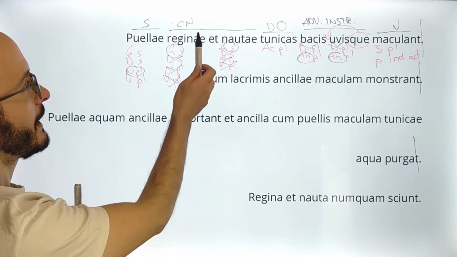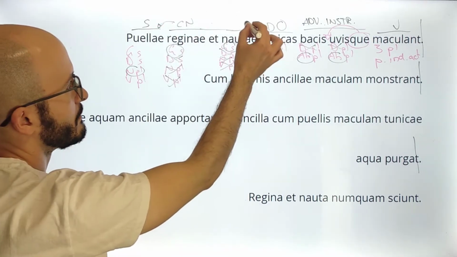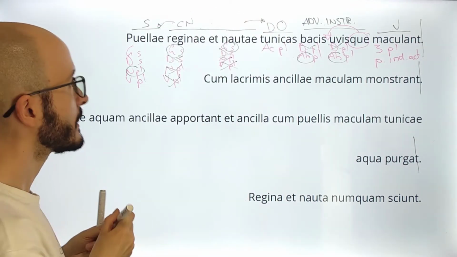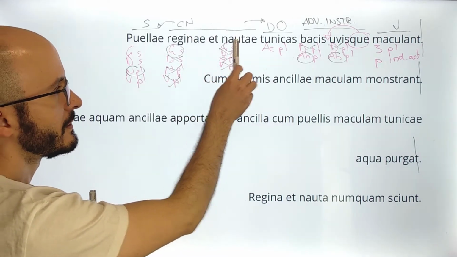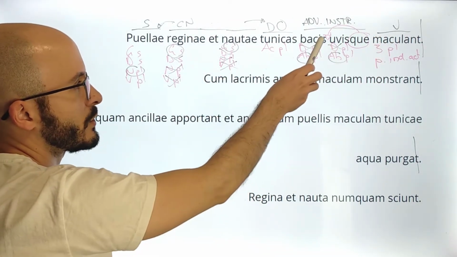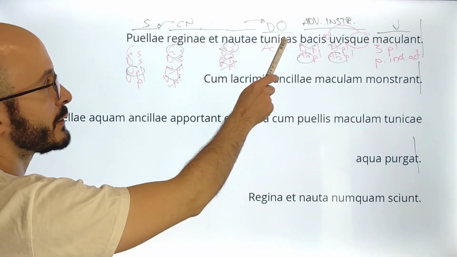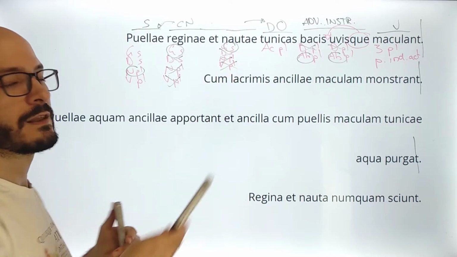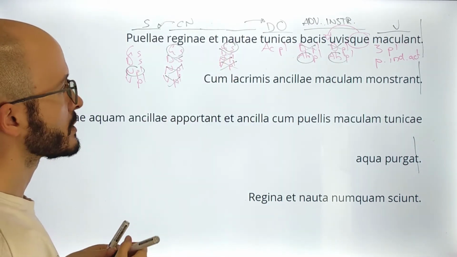So, and here it could be actually both, depending on what makes more sense to you. Okay, so the girls of the queen and the sailor stain the tunics with berries and grapes. It could also be actually stain the tunics of the queen and the sailor. It could be both. Okay, so whatever you like the most.